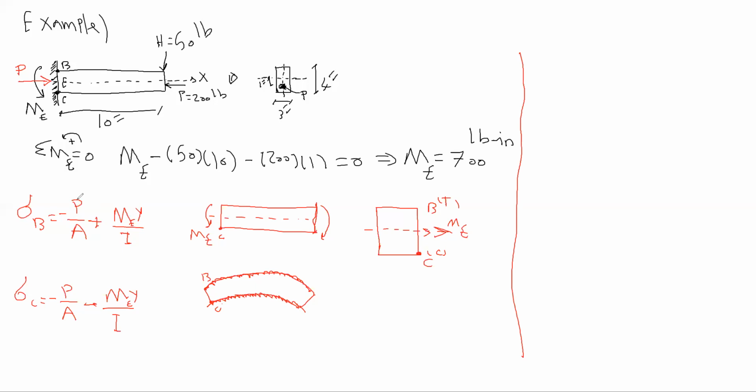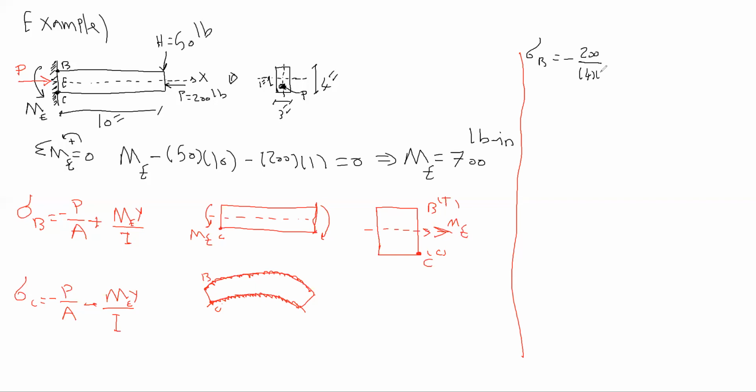Help me write the values. This is something like statics and vectorial. What is P? P is 200. What is A? 12, right? 4 times 3.